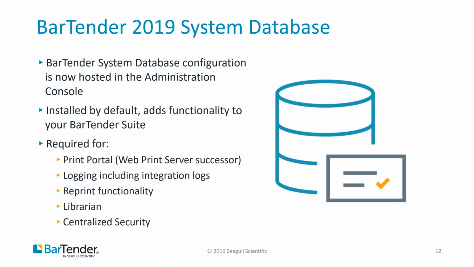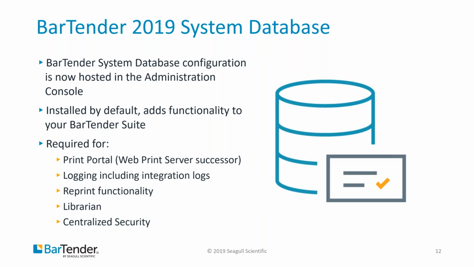In BarTender 2019, the system database config and all its settings are now located inside the companion application Administration Console. Note that unless you go through the advanced install options, we now install a local system database by default. This is usually fine, unless you have an Enterprise license and want a central system database instead. If that's the case, be sure to go through the advanced installation options and uncheck that box during your install.